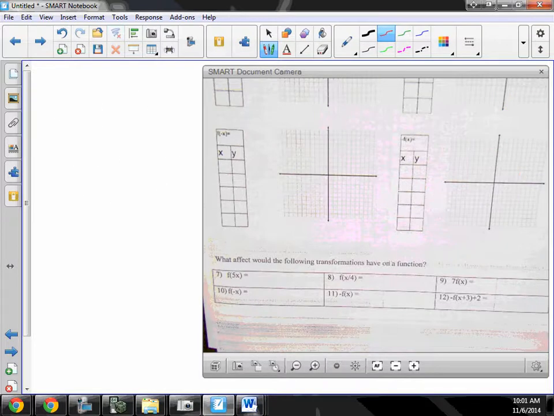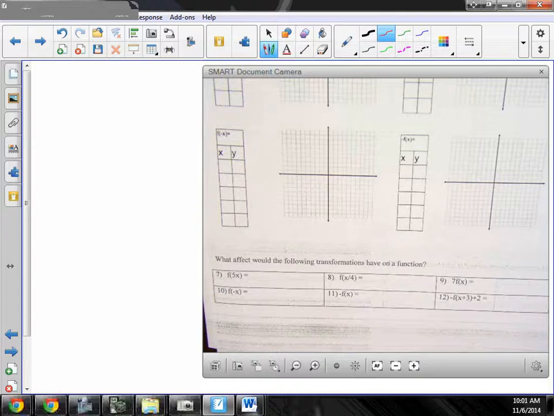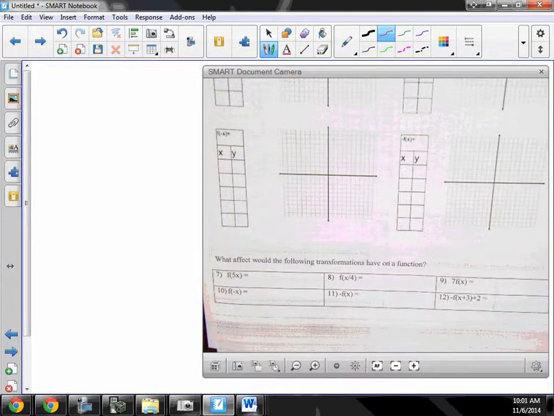So number 7, what effect does f of 5x have? It compresses the x's 5 times. Okay, number 8. Expands the x's by 4. Number 9.